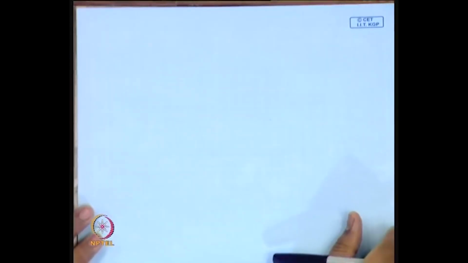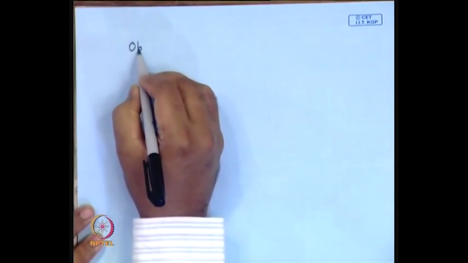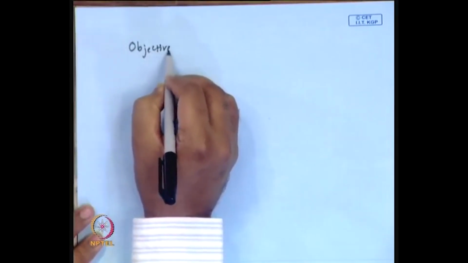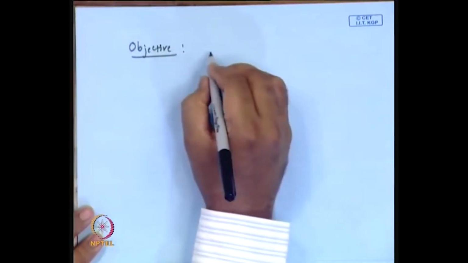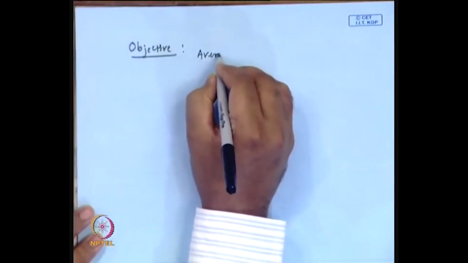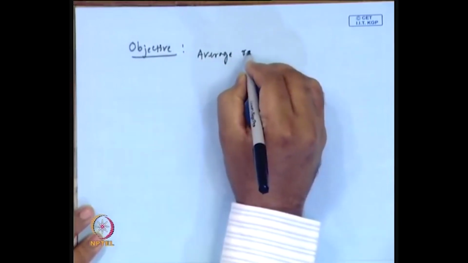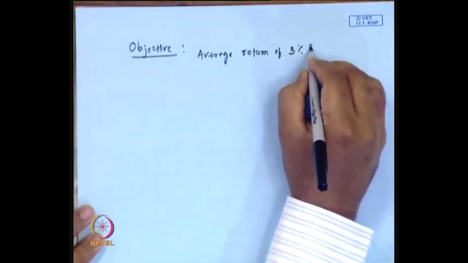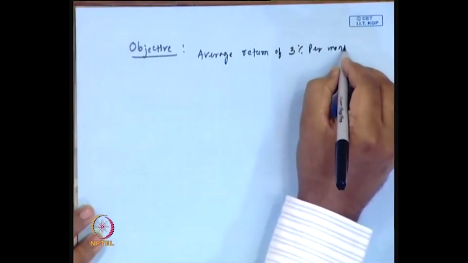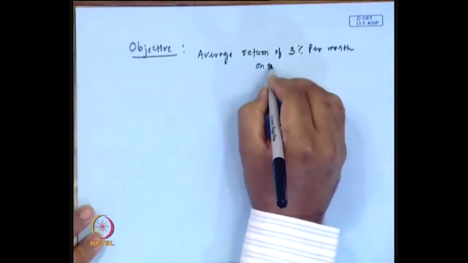From here, your objective is, what is the objective? The investor wants to get an average return of 3% per month. Let this be our per month data on the portfolio.